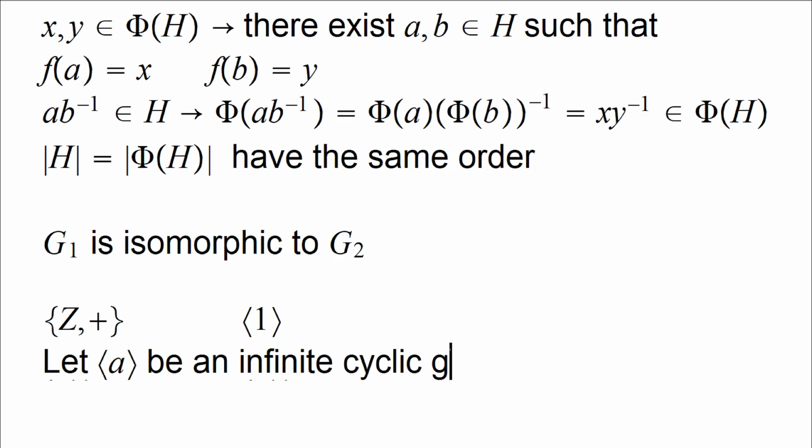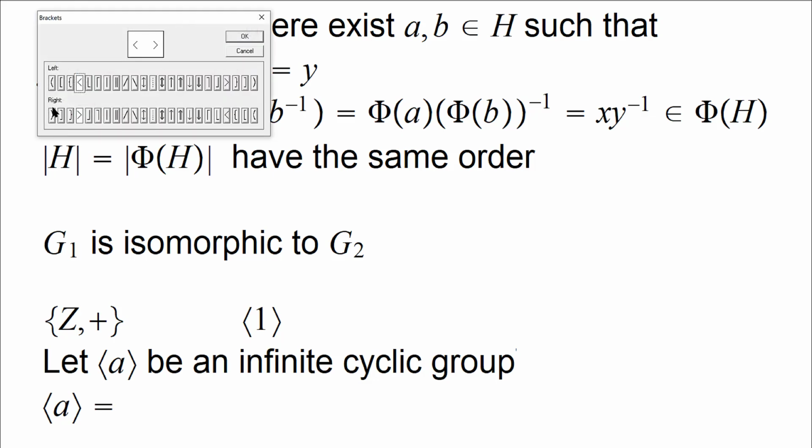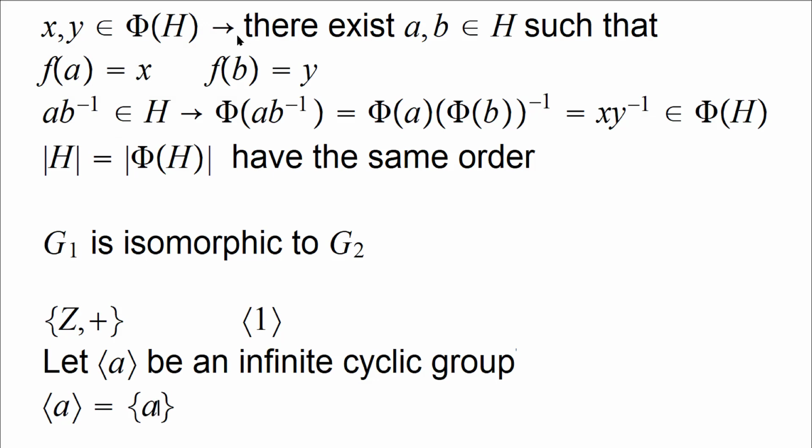So that means the order of a is infinite. And remember this, when we took cyclic groups, that this was simply a to the power k, where k belongs to Z.